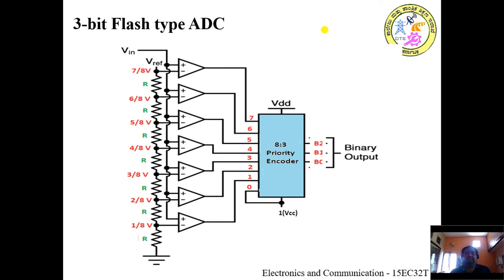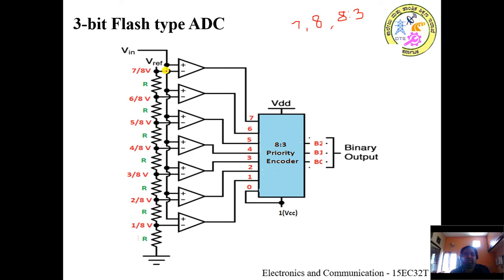The only difference is, for a 3-bit flash type of ADC, as we require 2 to the power of 3 minus 1, means totally we require 7 comparators, and 2 to the power of n, that is 2 to the power of 3, means we require 8 resistors in the voltage divider circuit, and we expect the outputs of these 7 comparators to be fed as input to an 8:3 priority encoder.